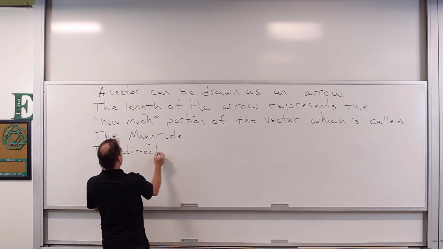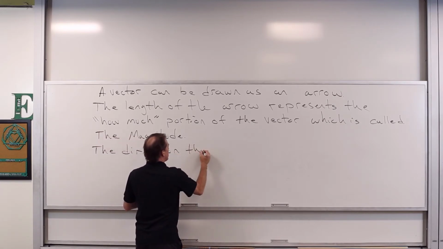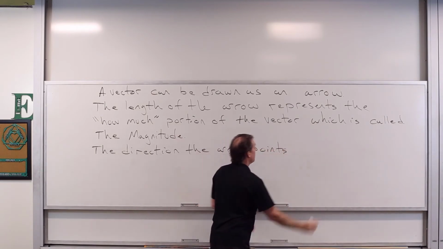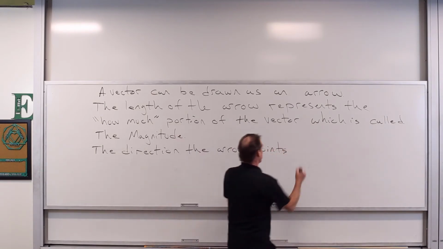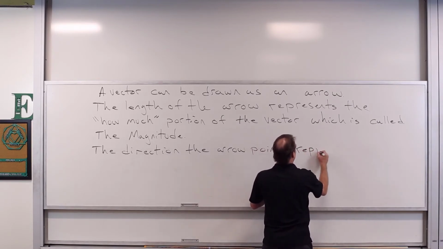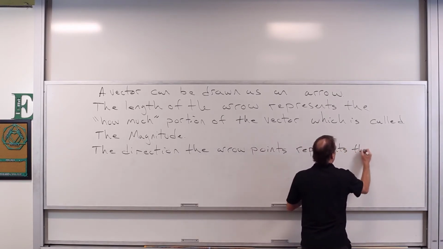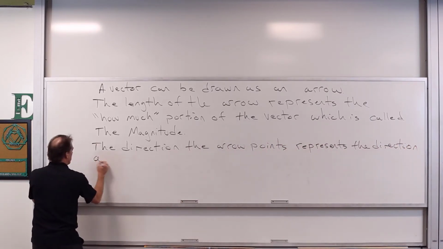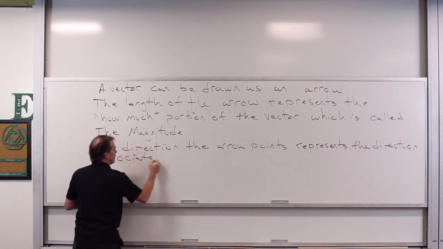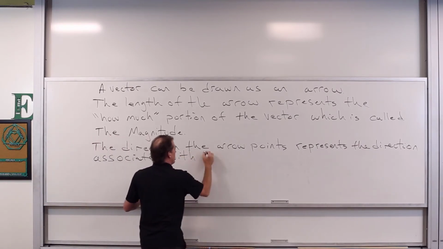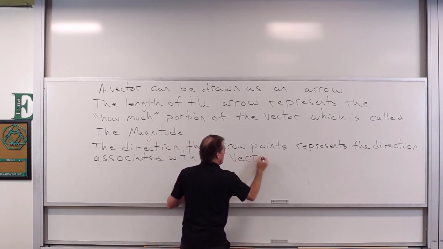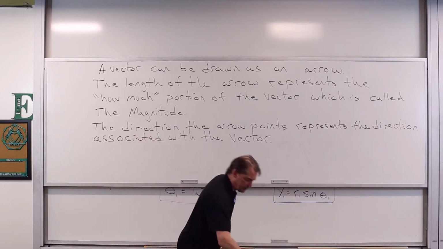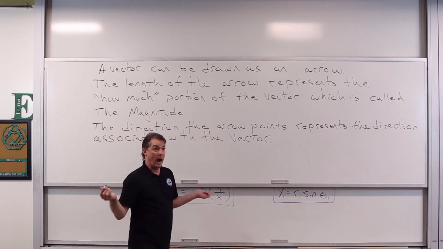The direction the arrow points represents the direction associated with the vector. All right, so we could ultimately draw out an arrow.